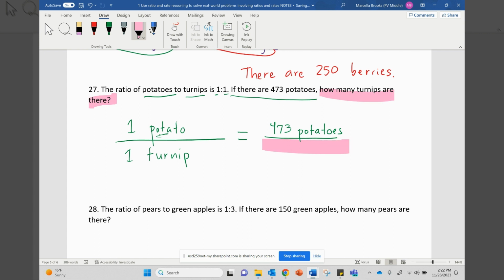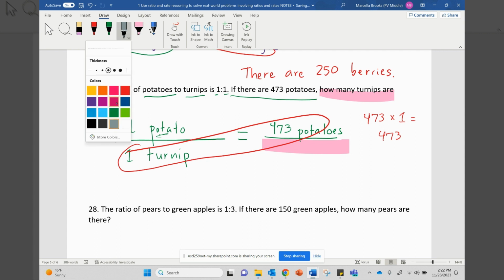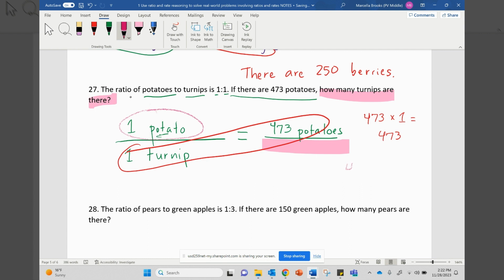How many turnips are there? So we do what we do. We cross multiply the two numbers we do have. So 473 times 1, which equals 473. And then we divide by the only other number that we have, which is 1. So 473 divided by 1.